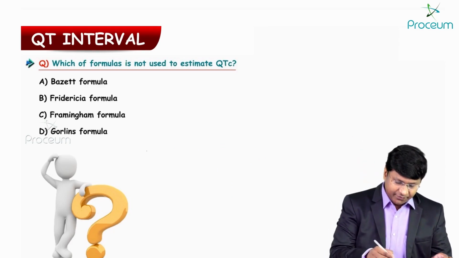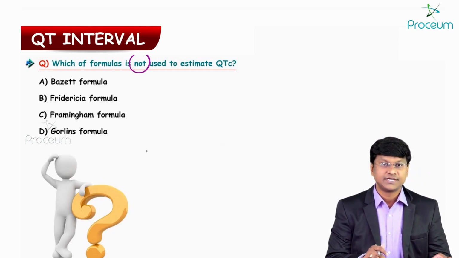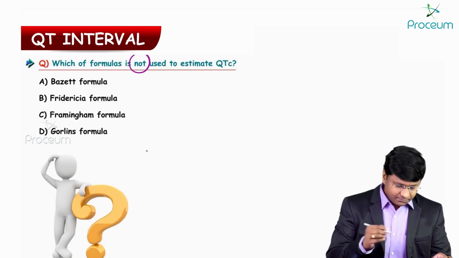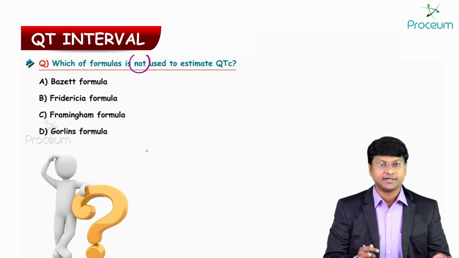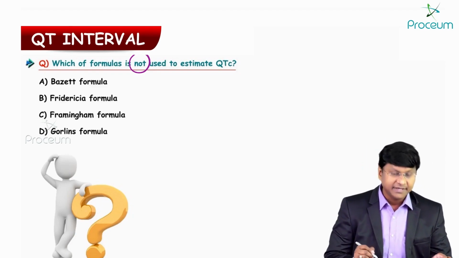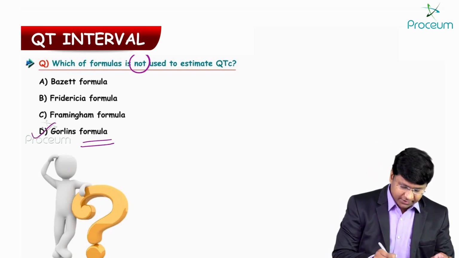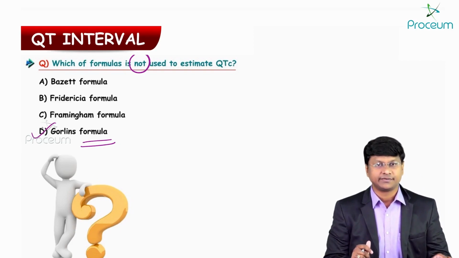The one which is not used: Bézet's formula, definitely we use that, as I just explained. Fredericia formula is used for estimating the corrected QT interval, and even Framingham formula is used, but not Gorlin's formula. So we don't use Gorlin's formula for estimating the corrected QT interval.